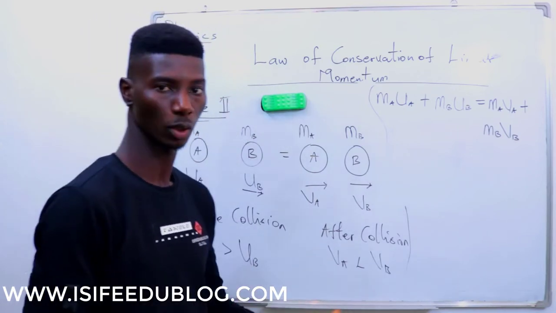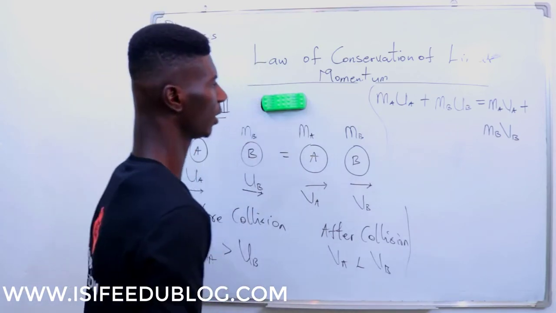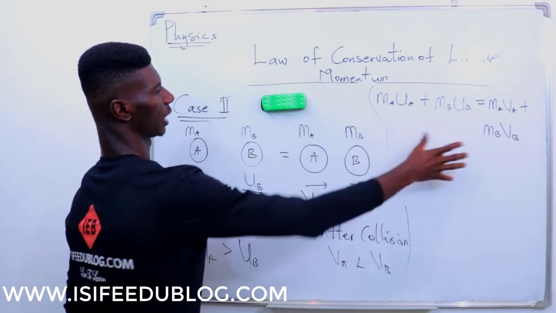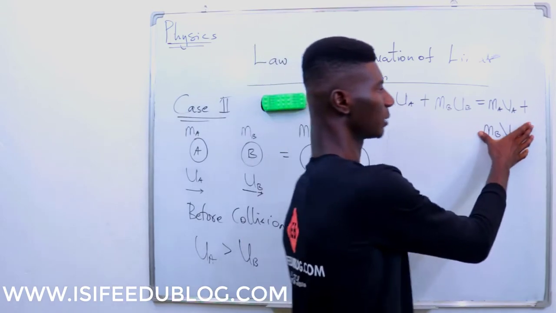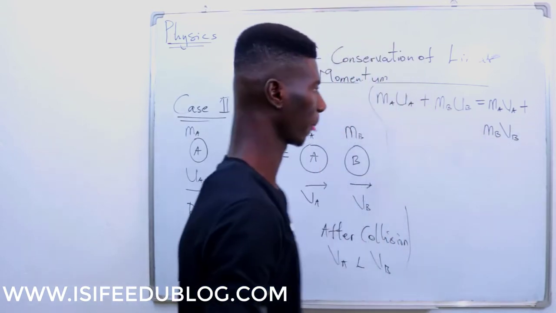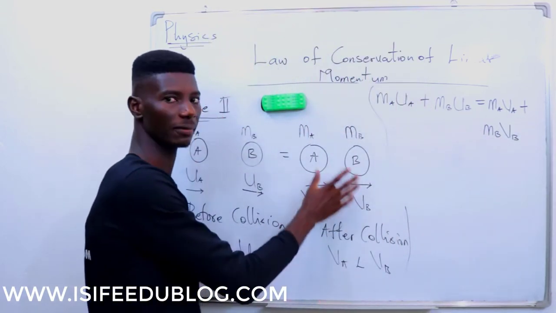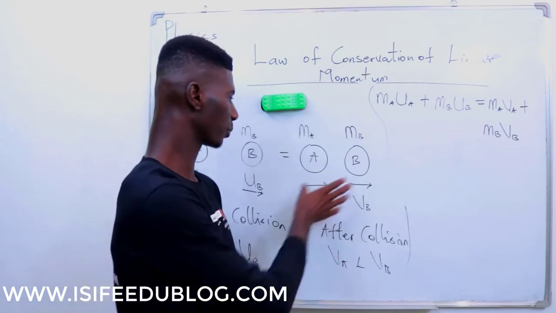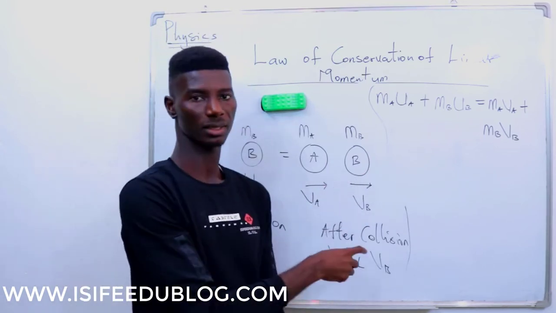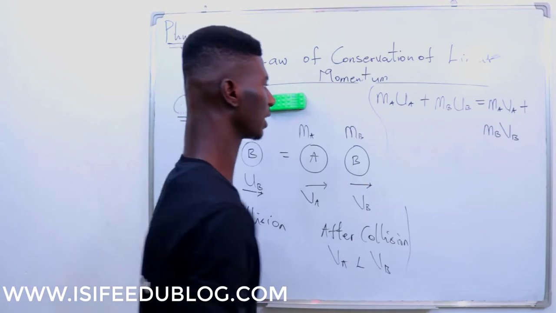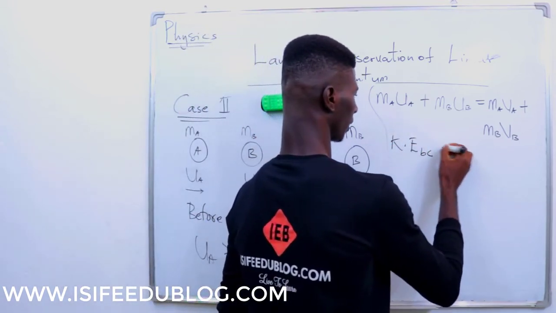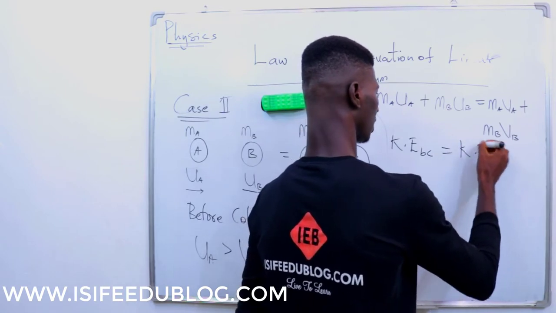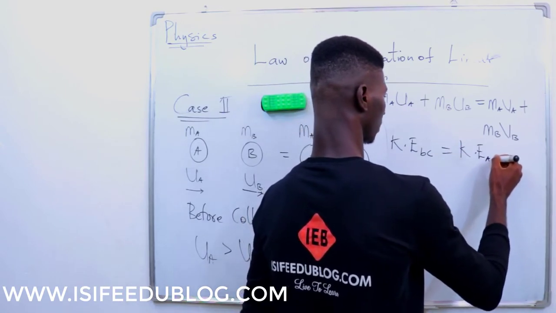So momentum is always what? Constant. Okay, so this is the momentum before collision, while this is the momentum after collision. So in this case, what we have here is elastic collision, since both of them hit and separate. So the kinetic energy before collision is equal to the kinetic energy after collision.